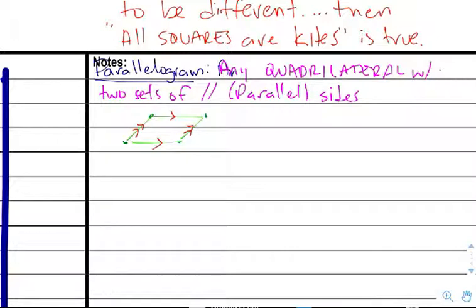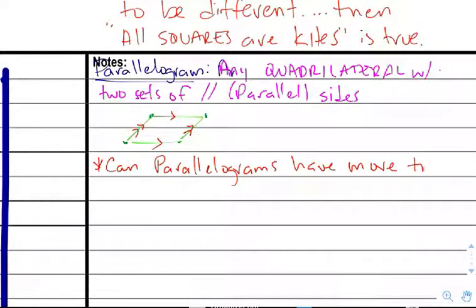Okay, now there's no controversy in the definition here except for a very, very small one. And I'm just going to pose a question down here: can parallelograms have more than four sides?